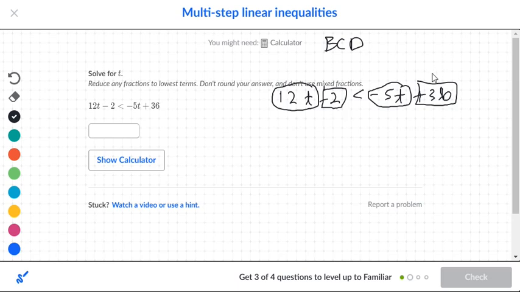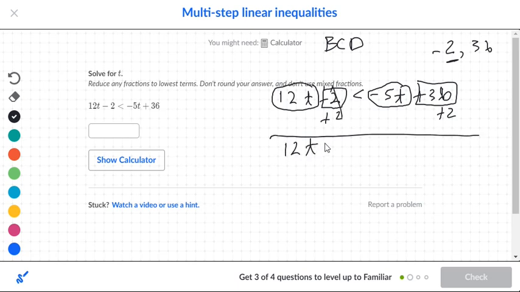So the minus 2 is smaller, so you have a minus 2 and the 36. The minus 2 is smaller, so we're going to add 2. Cross this out, this is 12t, inequality sign, negative 5t, this becomes 38.